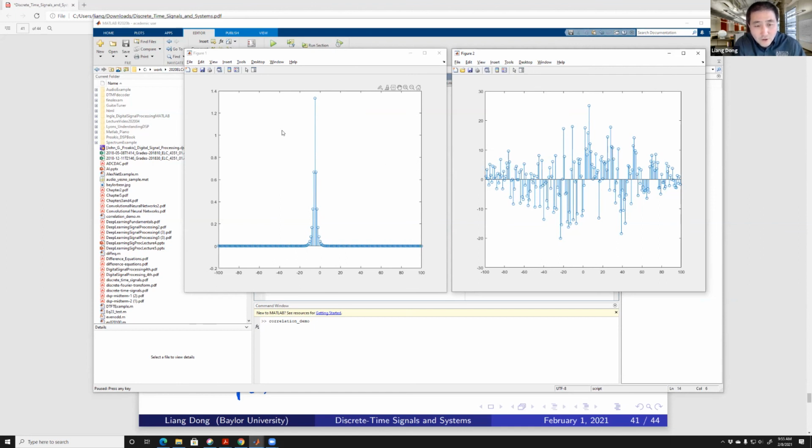So figure 1 on the left is the correlation of signals X and Y. Figure 2 is the correlation between signals W1 and W2. Because they are random variables, everything is random. This is my R of lag L. It's random; I don't see anything here. If you take long enough, adding them together, the effect will be close to 0. There is no correlation between these two random sequences, W1 and W2.